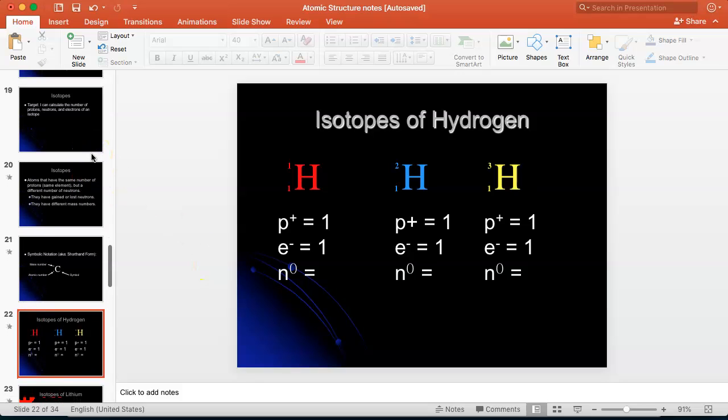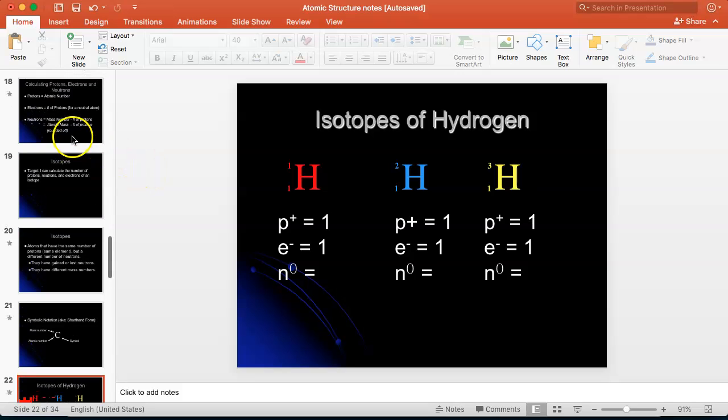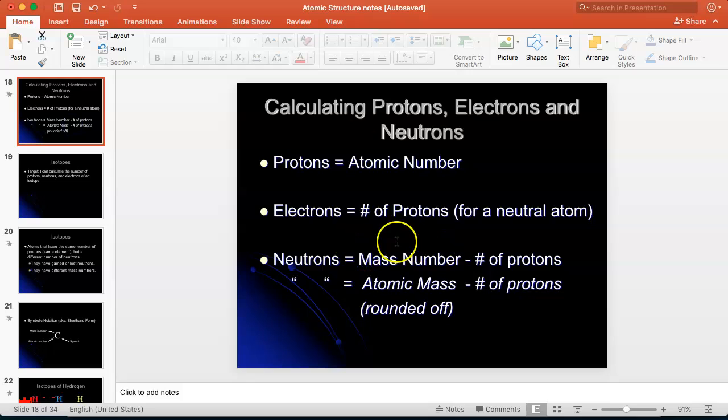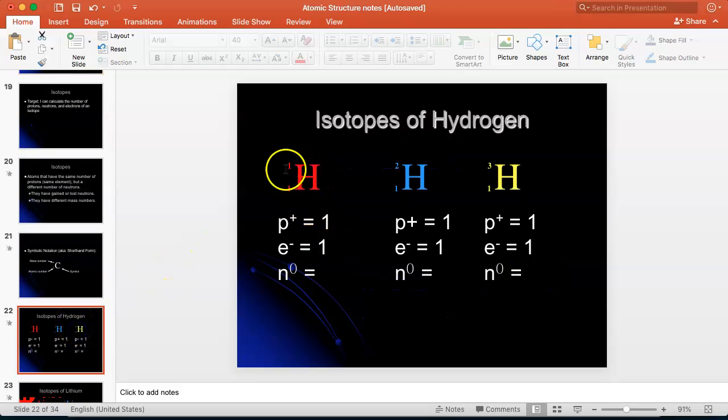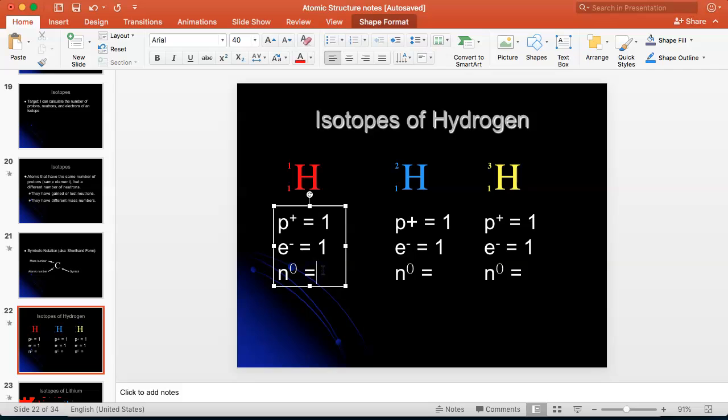Remember, in order to find the number of neutrons, what equation do we use? We use mass number minus atomic number, or number of protons, because it means the same thing. So, for our first version of hydrogen, just a regular ordinary hydrogen atom, 1 minus 1 is 0.